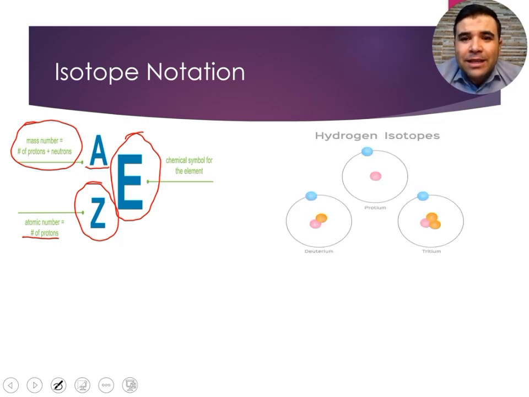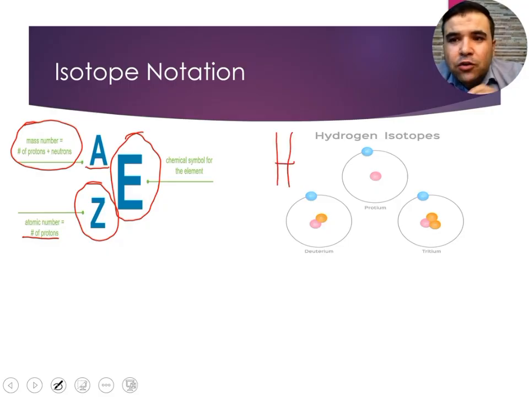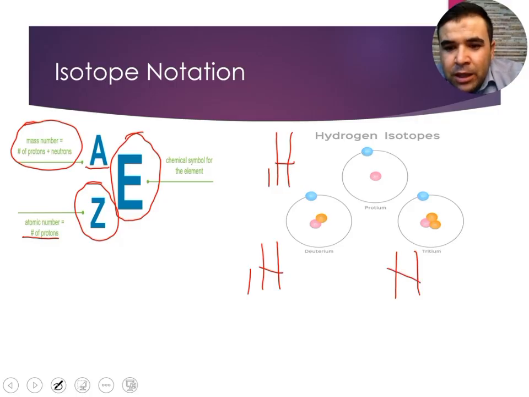How do we write the isotope notation for hydrogen: protium, deuterium, and tritium? I will write the symbol for hydrogen, and then in the lowercase there will be 1 proton for protium, again 1 proton for deuterium, and 1 proton for tritium, because for all of the atoms we have the same number of protons, but the only difference is in the number of neutrons, which makes the difference between the different types of those atoms.